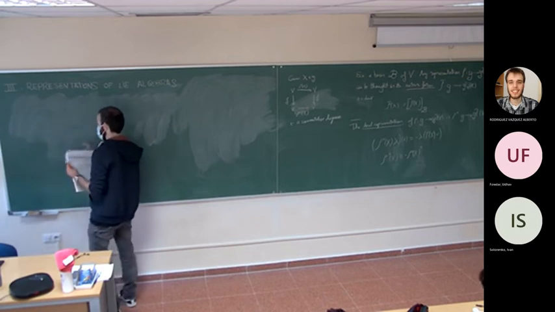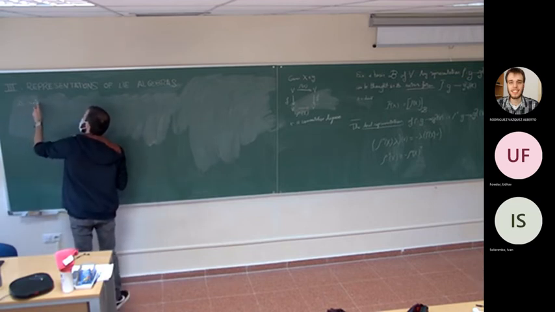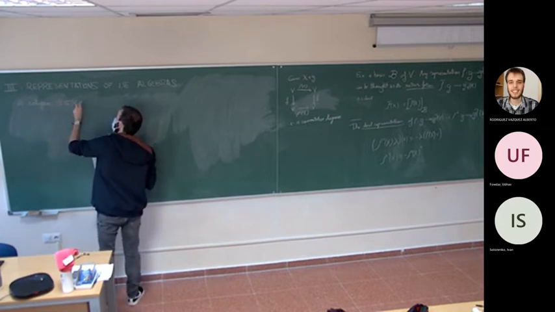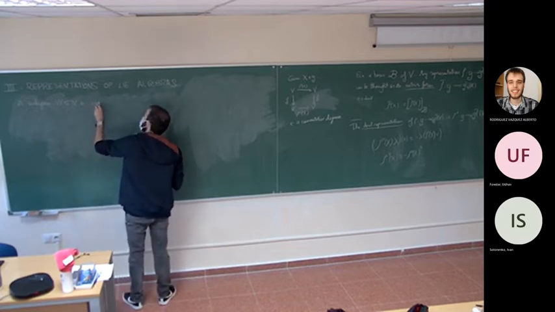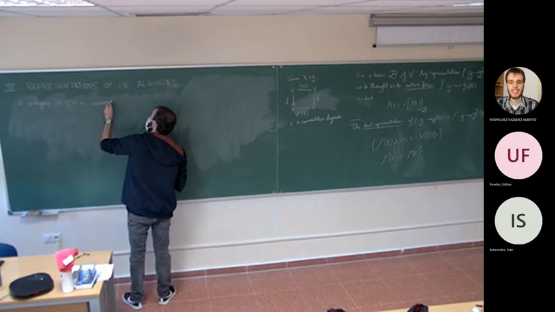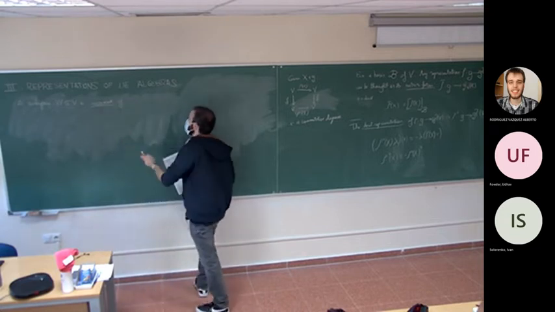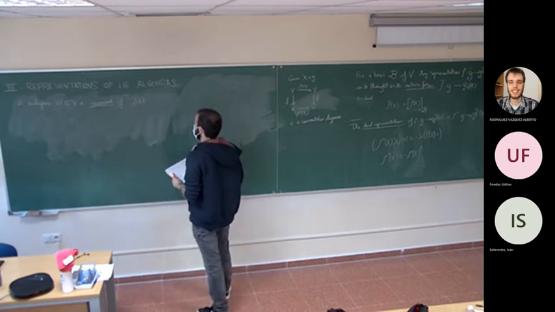So we say that a subspace W of V is invariant if every transformation of the representation takes W to itself.